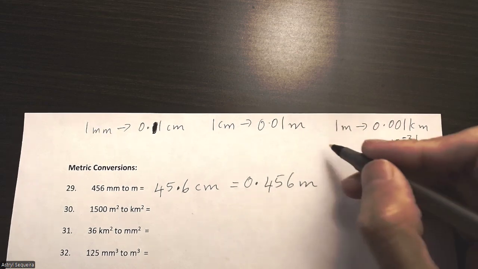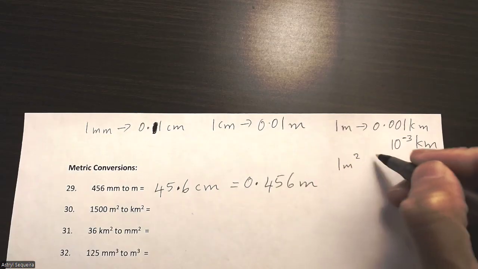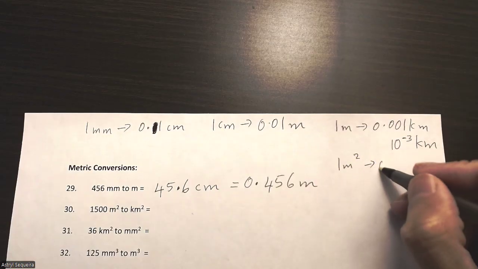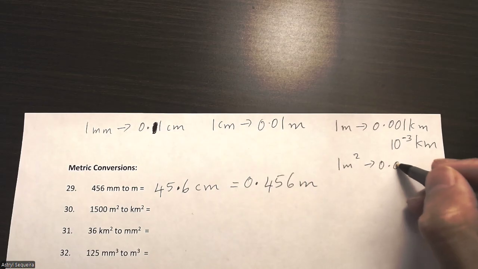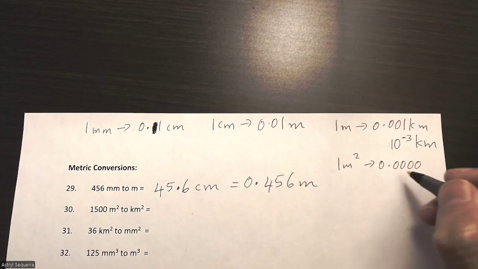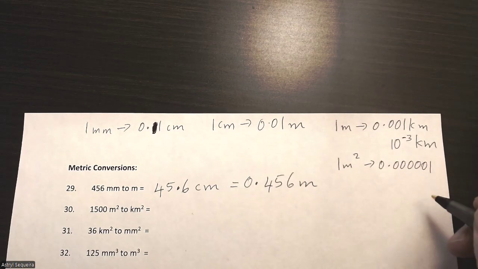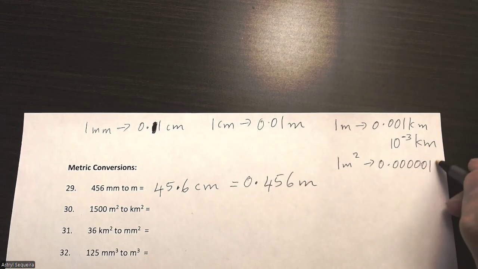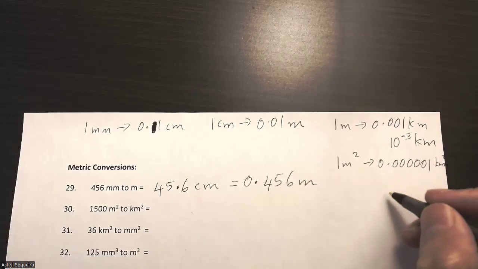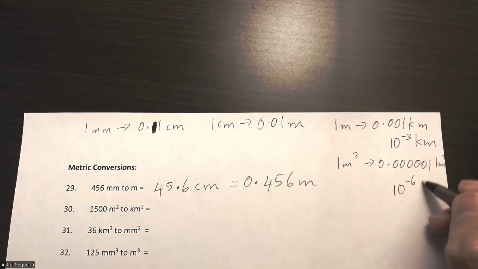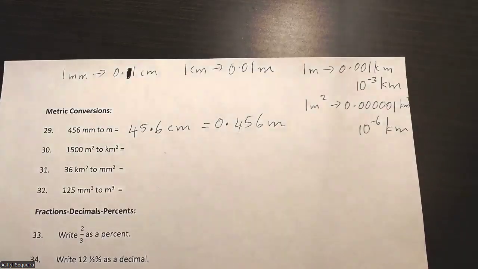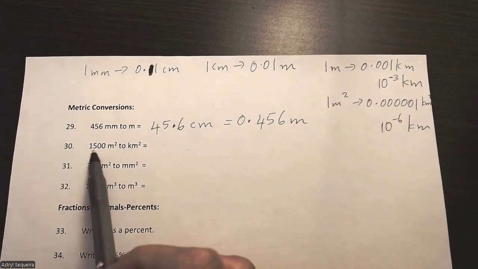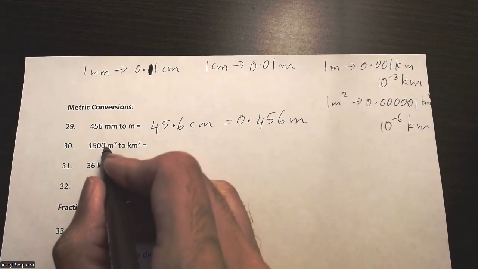Which means that 1 meter squared is 0.000001 km squared, or 10 to the negative 6 km squared in scientific notation. So basically I have to move the decimal place 6 times for this one.